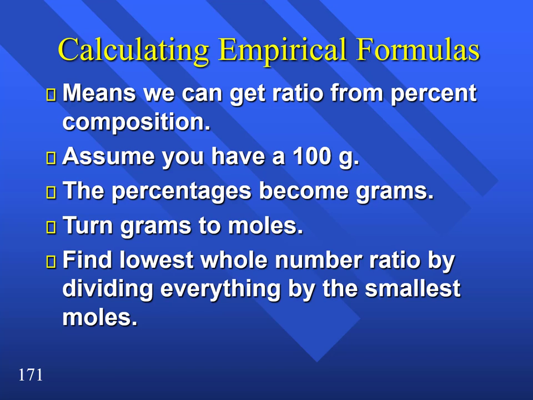Now, it doesn't say it's going to be a whole number. It says it's going to be a whole number ratio. Sometimes it will be a whole number. You'll get something like 3.99. 3.99 is pretty close to 4, so that would be like 4 to 1. But what if you got something like 2.5? That doesn't sound like a whole number ratio, does it?